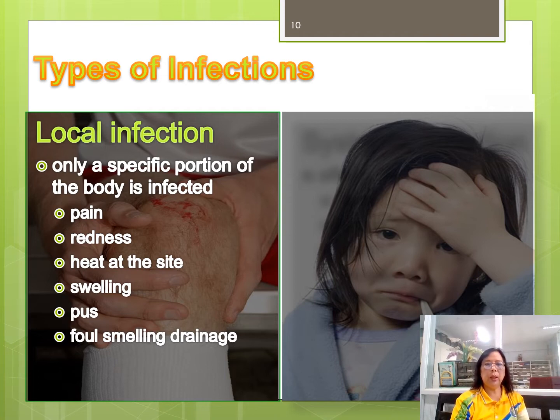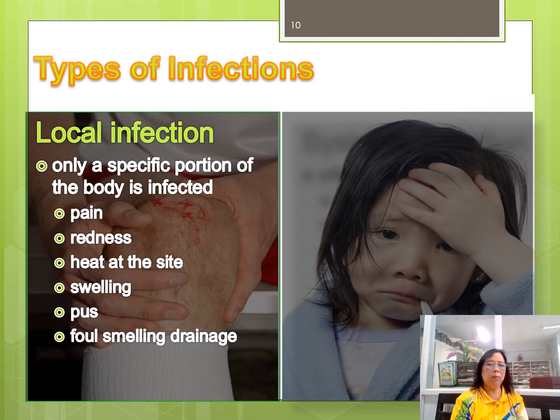So for humans, usually the symptoms that could be felt if there is already infection are the presence of pain, redness, and also the sensation of heat, and then the swelling in extreme cases, or in some cases, the presence of pus, and in other cases, foul smelling drainage.